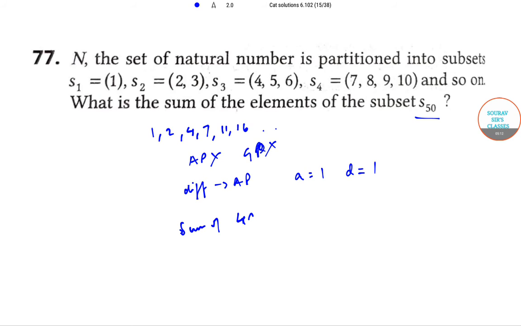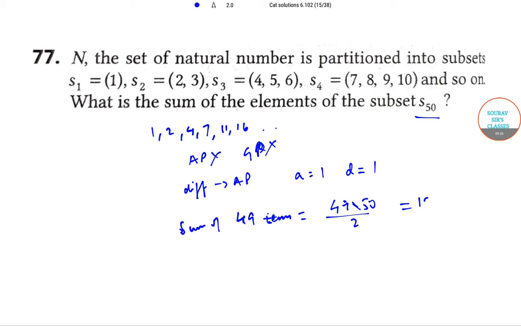So sum of 49 terms is equal to 49 into 50 by 2, that is equal to 1225. Therefore, the 50th term of the original series is 1225 plus 1 is equal to 1226.